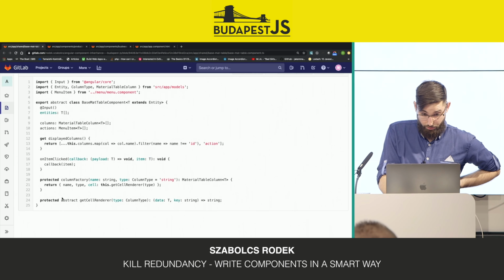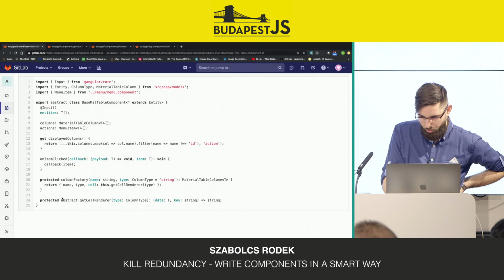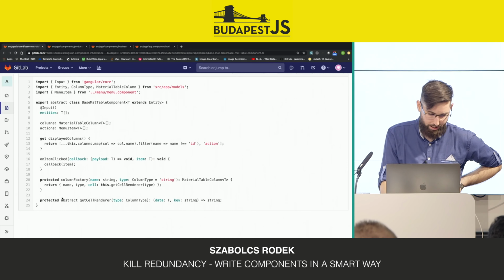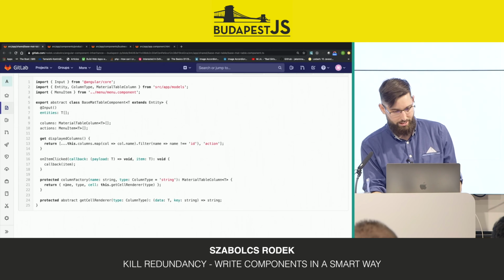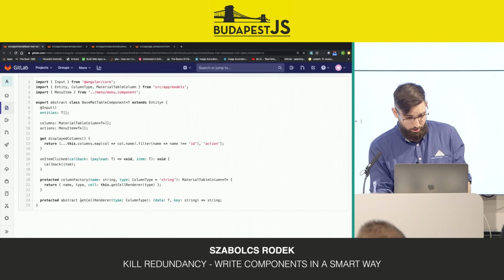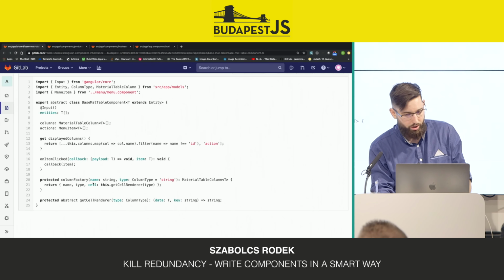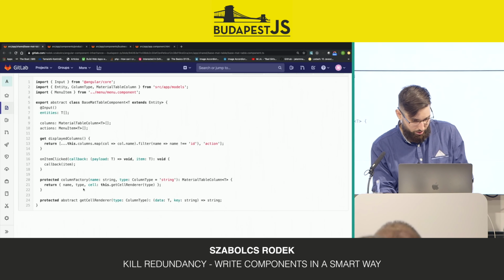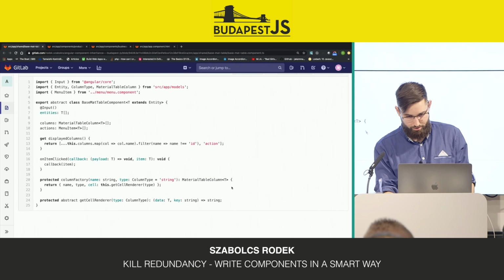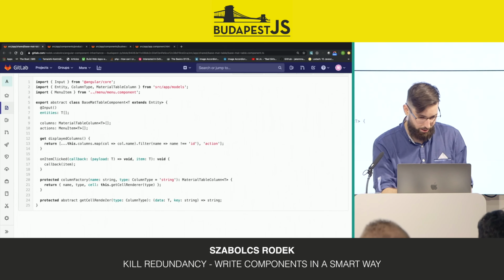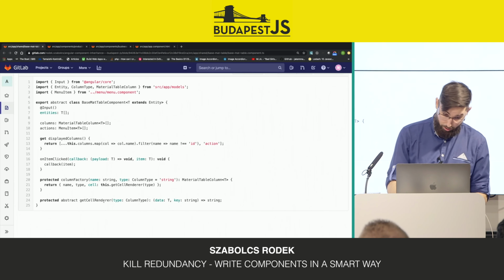The only thing which is a little bit more, I wouldn't say complicated, but a little bit more interesting, is the column factory and the get cell renderer. The column factory is, again, totally the same as it was before. The only difference is the generic type T. But for that column factory to work, you have to have a get cell renderer method, or it's a property, not a method, doesn't matter.